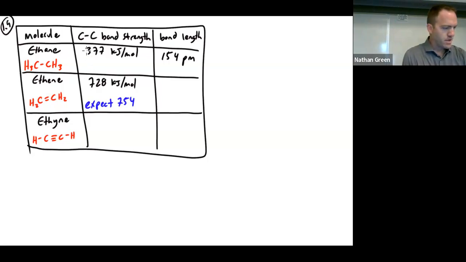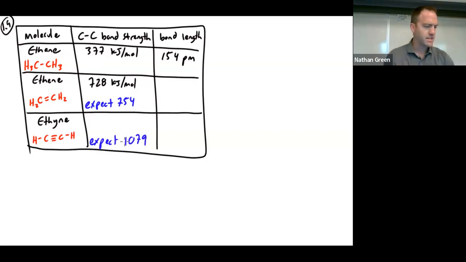When I go from here to here, the difference is 350, I added 351 kilojoules per mole. So you would expect if I go to a triple bond, remember a triple bond is 1 sigma and 2 pi's, that 728 plus the difference between these numbers would be 1,079.